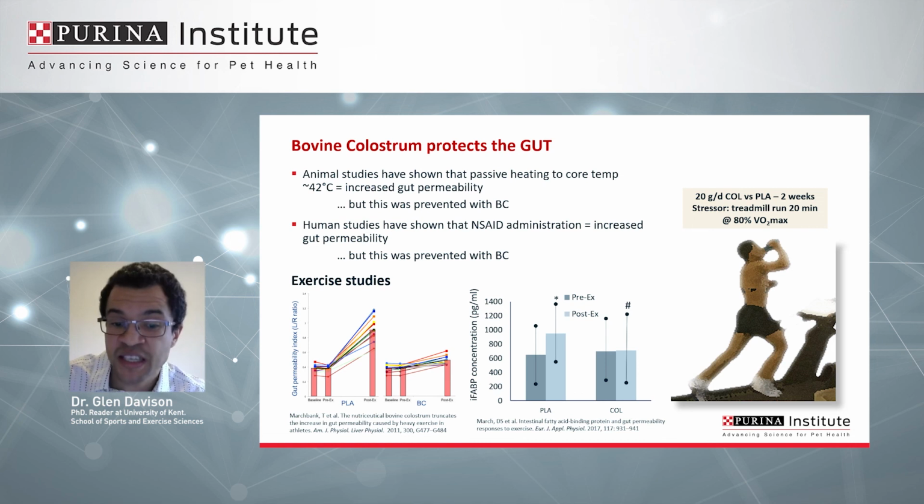And again, what we can see here, the bars to the left, which are the placebo, are pre and post exercise. So following exercise, there was a significant increase in damage to the gut cells, but that increase in damage was prevented when the participants had been consuming bovine colostrum for a couple of weeks before this acute stress event. This was 2 weeks of supplementation.